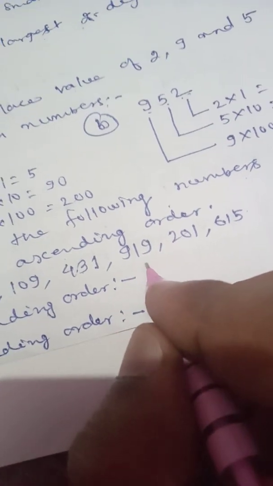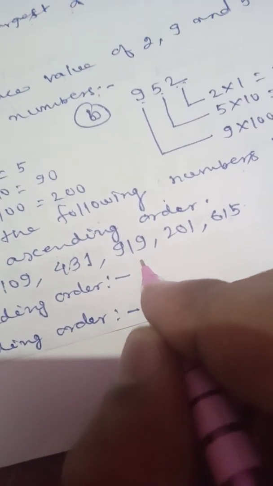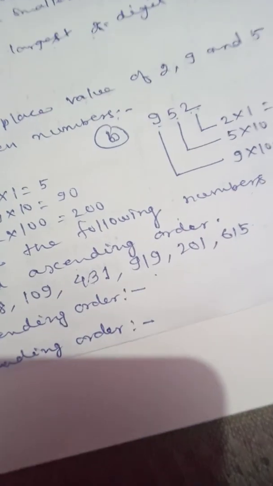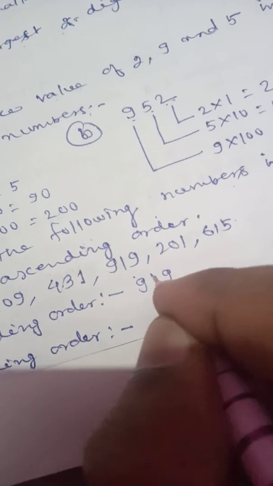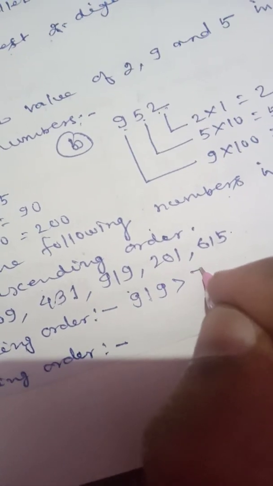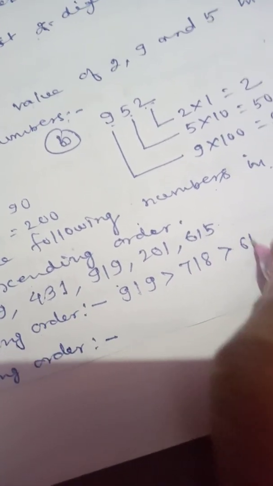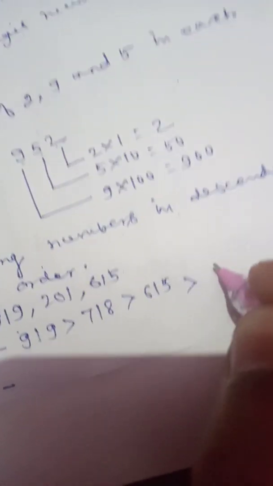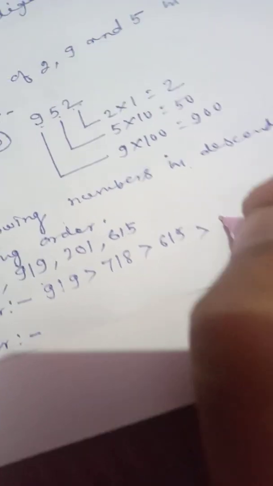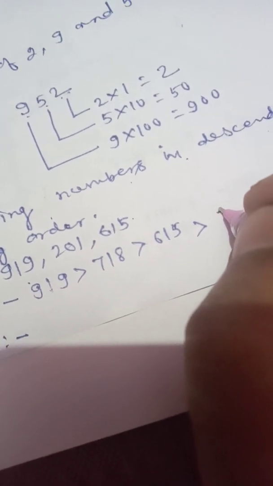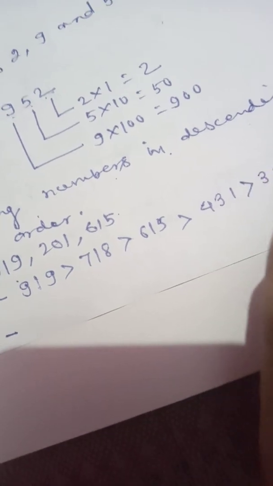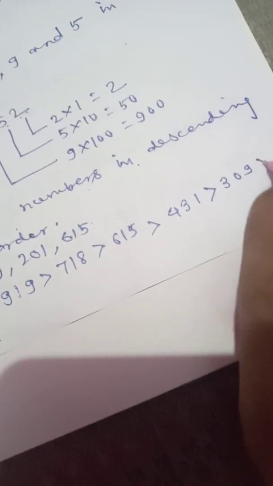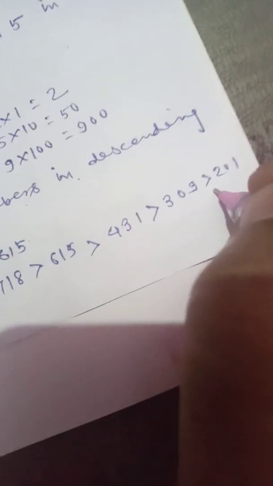So 919 is the largest number of the given group of numbers. So we have to write first 919, then after 718, then after 615, then 431, then 309, 201, and at last we write 109.